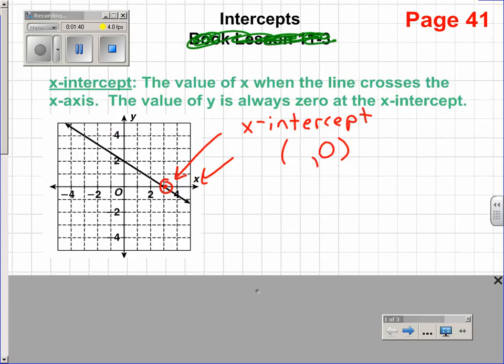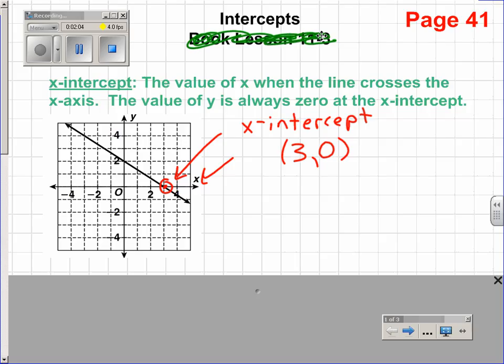And then for this one, it falls at 3 for x. This is an important idea. This is really key. That there's 0 for y, always for the x-intercept. We're going to have to use that in this lesson on another sort of problem. So try to memorize that. 0 for y at the x-intercept.